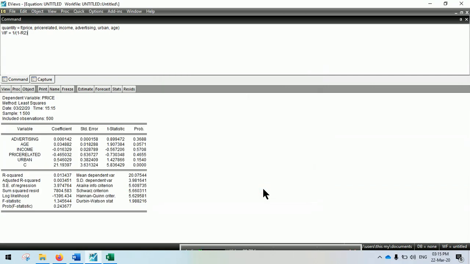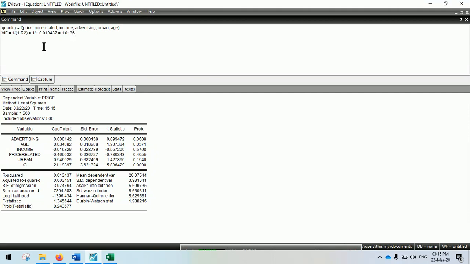Okay, so you can see R square is 0.013437. So this equals 1 divided by 1 minus 0.013437, and equals around, let me see on the calculator, 1.0136.